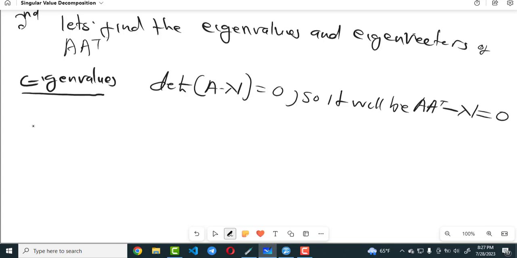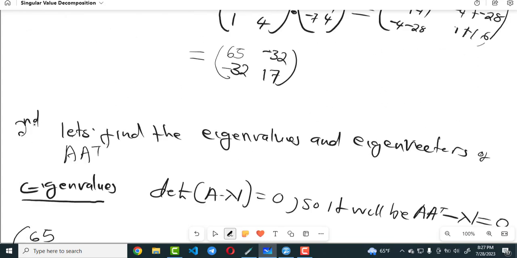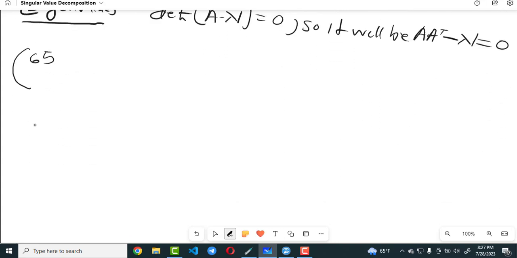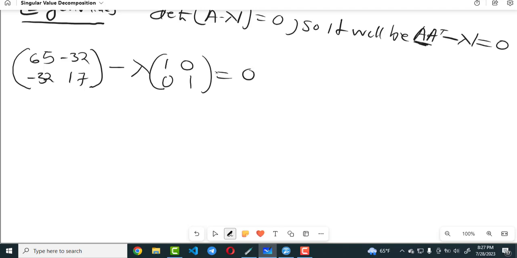Therefore, we are saying now bracket 65, minus 32, minus 32, 17 here, which is our transpose matrix, minus lambda times the identity matrix 1 0 0 1 equal to 0.